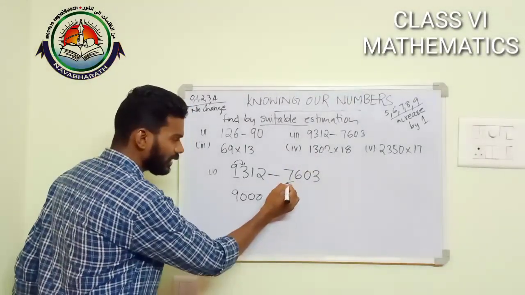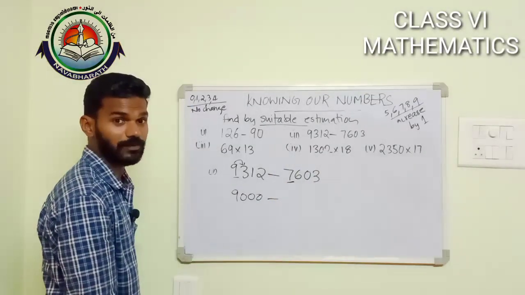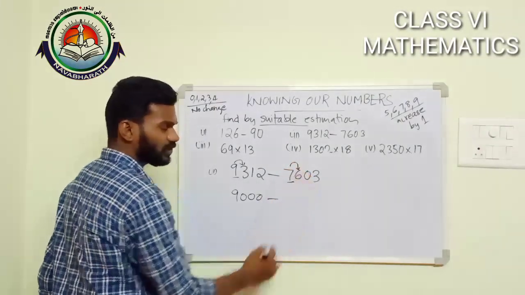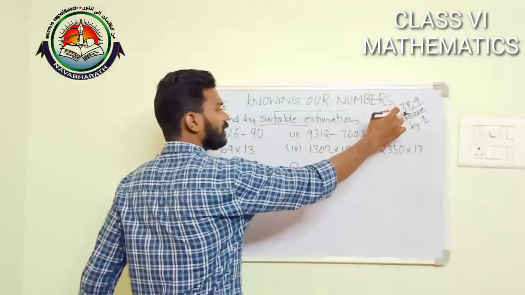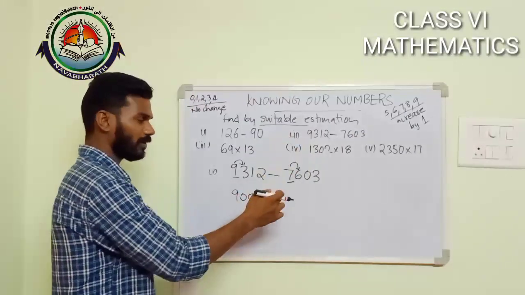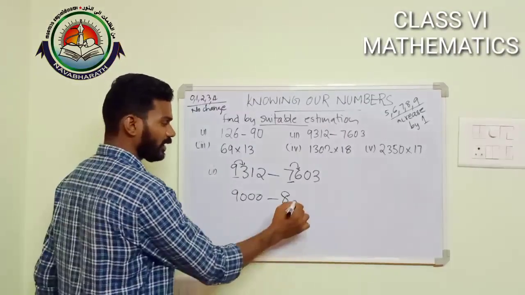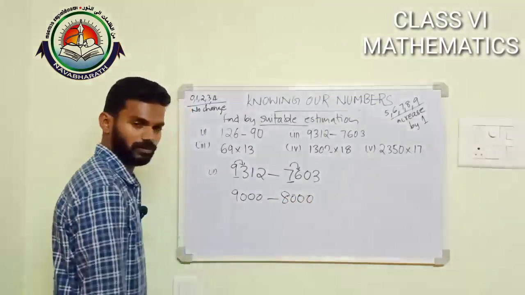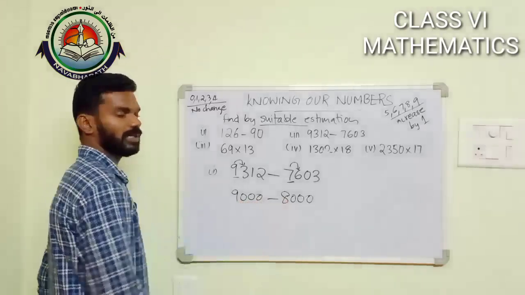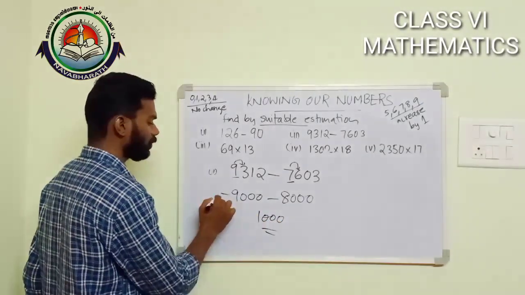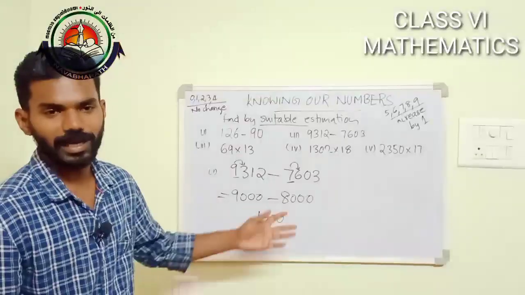The digit at the thousands place is 7. The next is 6. 6 belongs to this group, so 7 must be increased by 1, so that it becomes 8. Then the remaining digits are 0. So 9000 minus 8000 would be 1000. 1000 would be the estimated answer.